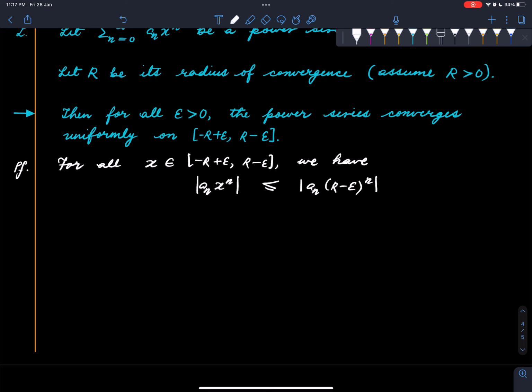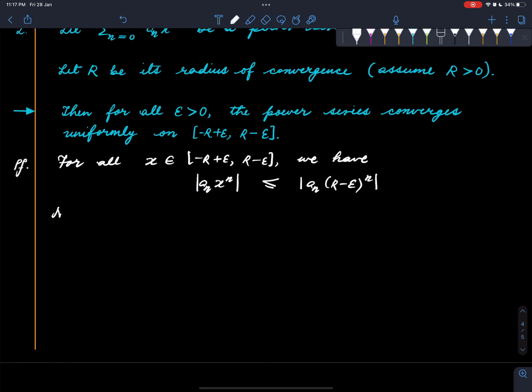So I haven't done any great thing. Now, this series of functions, where x is taking values from this interval, is what we are concerned with, and we'll show that this series of functions is uniformly convergent.